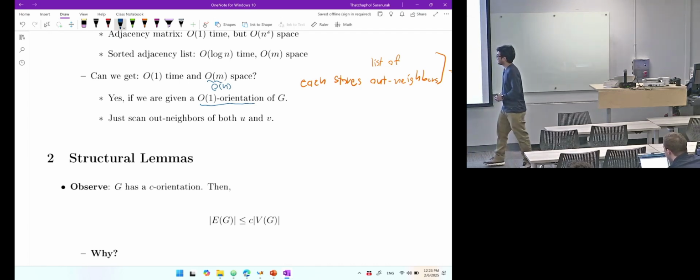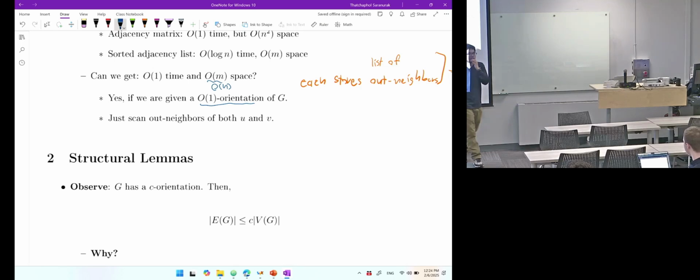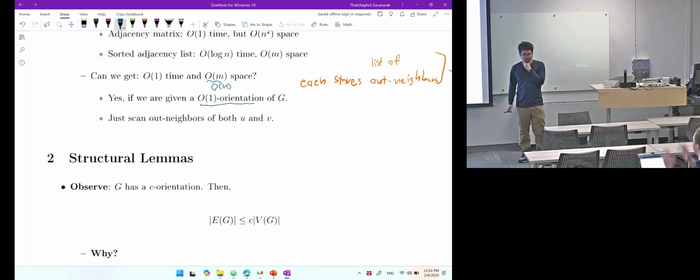Right. This is actually the next thing that I will ask you. Suppose that I know that G has C orientation. Can you tell me why the number of edges in the graph must be at most C times the number of nodes? Because each edge is basically accounted for by one node's outgoing edges.